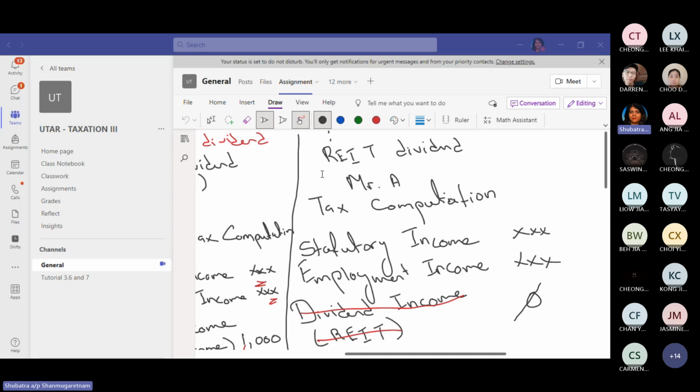Now, Sun has been manufacturing solar panels for 3 years and has an accumulated tax loss of 6.8 million and unabsorbed capital allowances of 1.5 million. So the 6.8 million and the 1.5 million are your tax assets. All right. Now, that means Sun has a high tax asset.